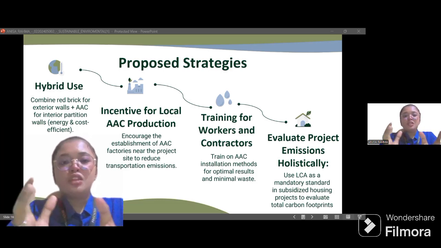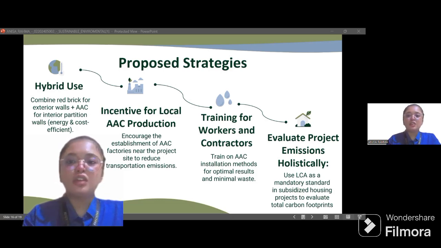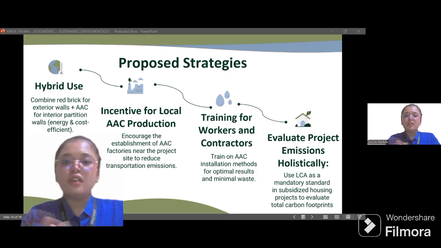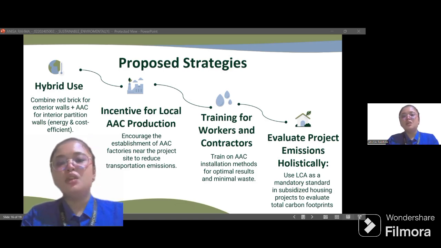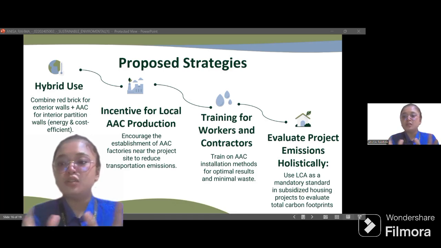The strategies show that life cycle assessment is not just a technical analysis tool, but also a guide for policy and practical design. By combining structural efficiency, logistical optimization, workforce training, and data-driven policy, we can develop Rumah 36 projects that are not only affordable but also sustainable from start to finish.